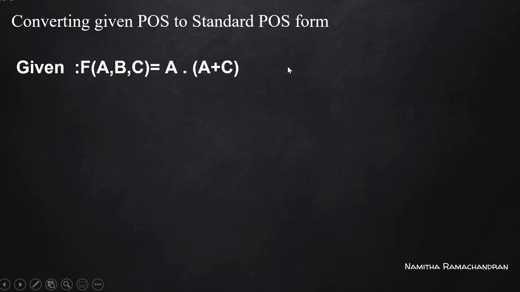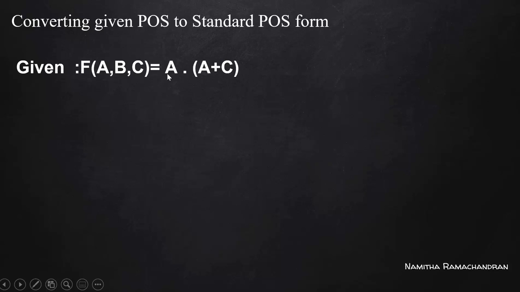But here with different max terms. Here we have two max terms, one with a alone and the second with a plus c. Here b part and c part is absent. Here in this b part is absent.